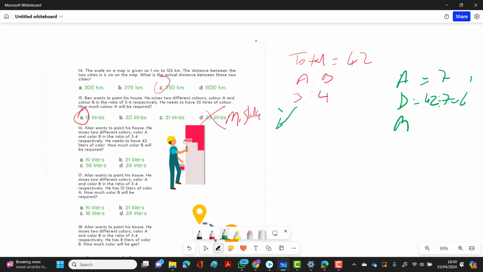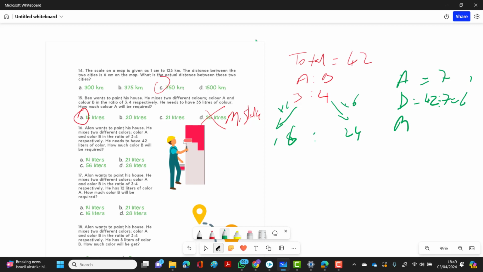Multiply each one by 6: 18 and 24. And always check: 18 add 24, you get the same amount, 42.